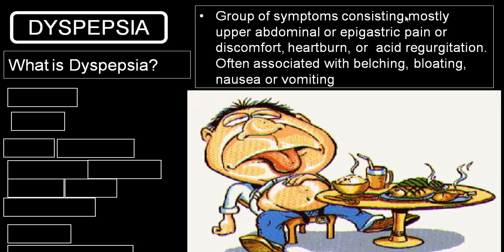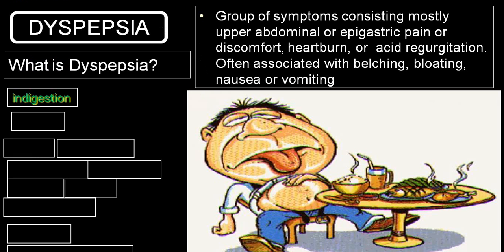It is a group of symptoms consisting of upper abdominal or epigastric pain or discomfort, heartburn, acid regurgitation, belching sensation, bloating sensation, nausea or vomiting. These are the symptoms included in the broad term we call dyspepsia.